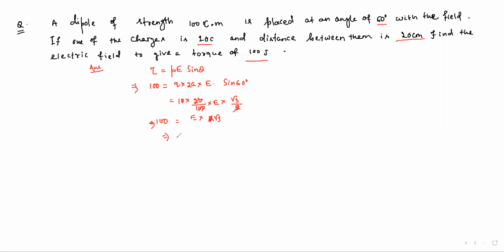So E equals 100 by 3, which is 100 root 3 by 3, equal to 100 by 3 into 1.732. And after multiplying, we get 173 by 3, which will be approximately the value will be 57.6.